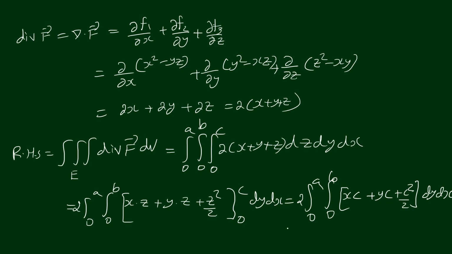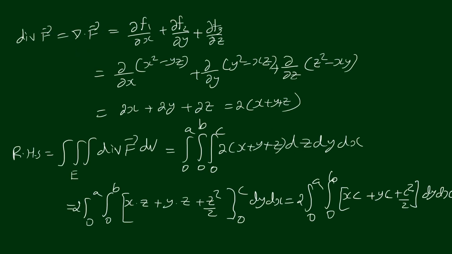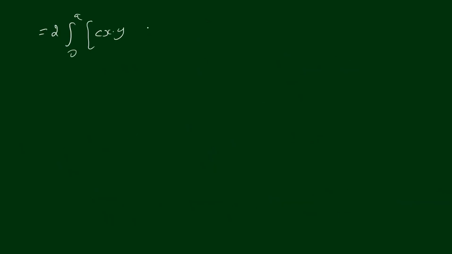Now we will integrate this with respect to y. So that is equal to 2 into integral from 0 to a. Integral of x into c, with c as a constant, integration with respect to y gives cx into y. Integral of y is y square by 2, into c, so c into y square by 2.